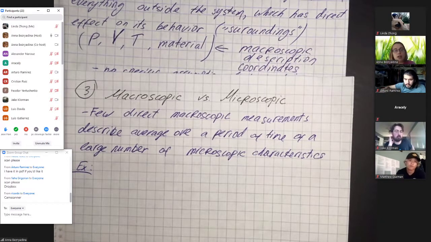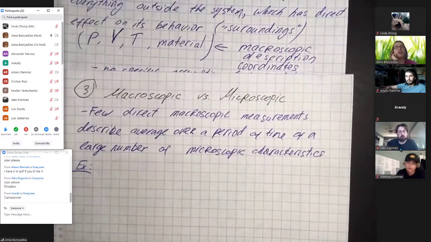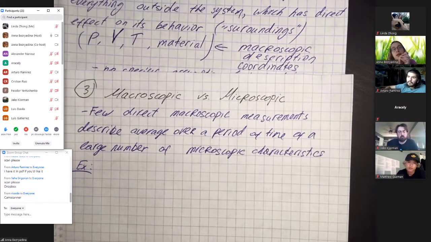You can turn on the mic and speak out right now, or whoever. It's a question for you as a class, guys. Could you give me an example of how, for example, we can describe temperature, its macroscopic measurement, and what it will describe over a period of time of a large number of microscopic characteristics? What kind of characteristics will describe temperature?